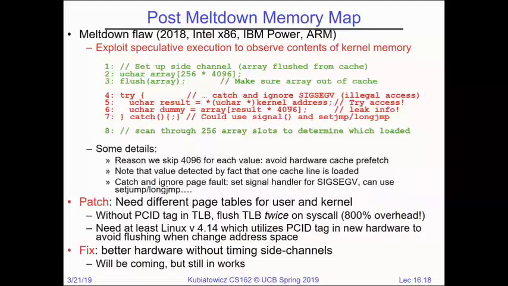So the assumption is the result is okay to get, and therefore this load in the cache is going to be okay. But when the speculative stuff is squashed, we only squash the registers. We don't change the cache back the way it was before the speculation.